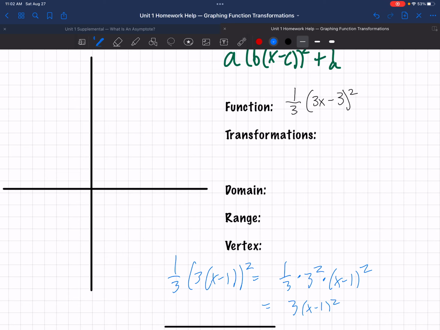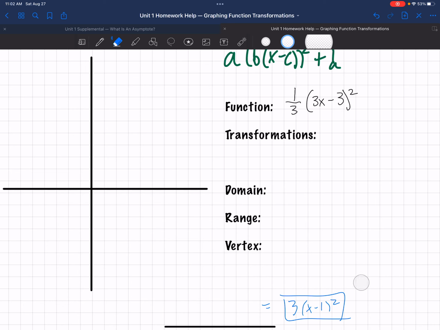So actually, that's a simplified version of this function. I do not expect you to know that, okay? That might be something we cover later in class. But I just wanted to show you that, and if that makes sense, yippee hooray. But you're fine. You don't need to do that, okay?